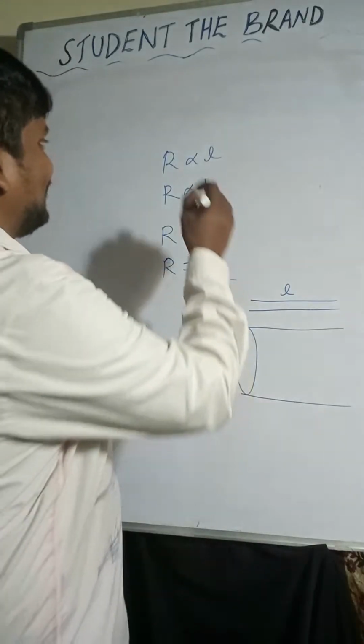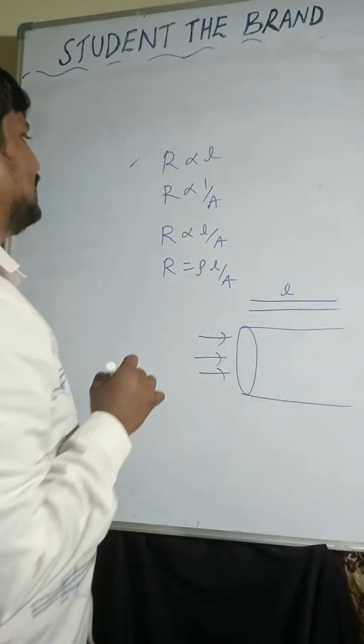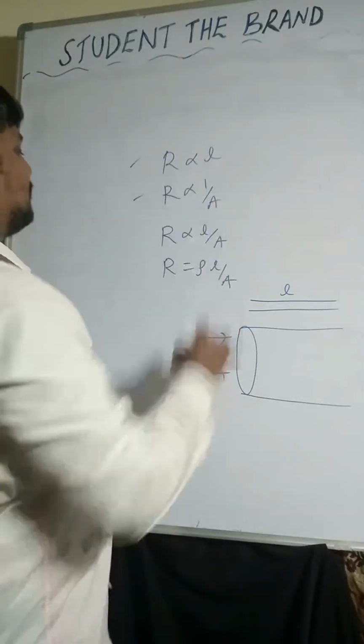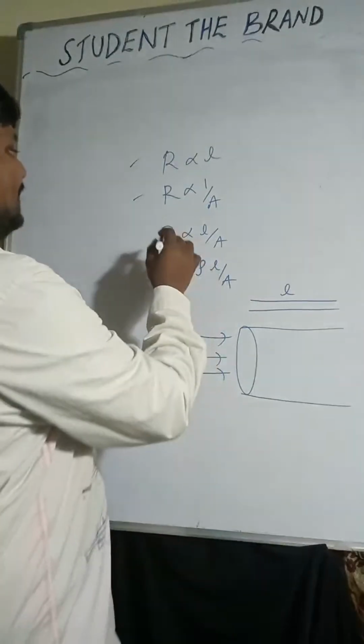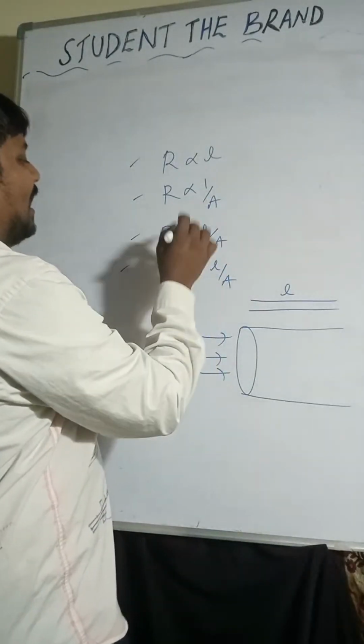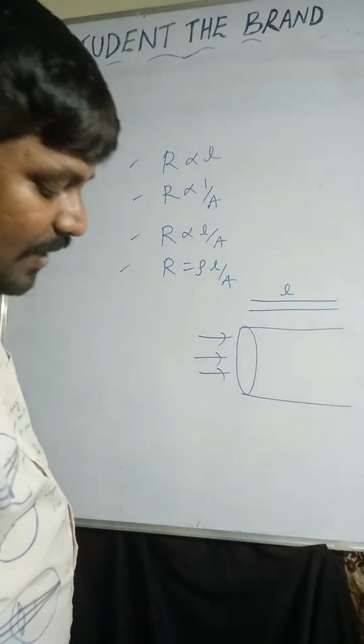Okay. So resistance is directly proportional to the length of the conductor. Resistance is inversely proportional to the area of cross section. R is directly proportional to L by A. R equal to rho into L by A. I hope it is very clear.